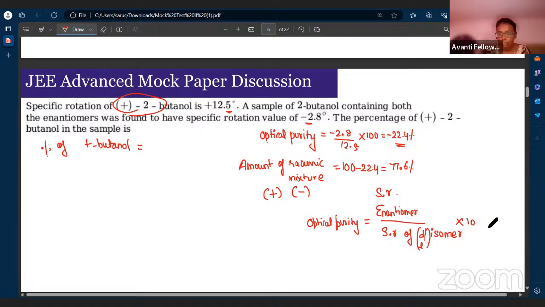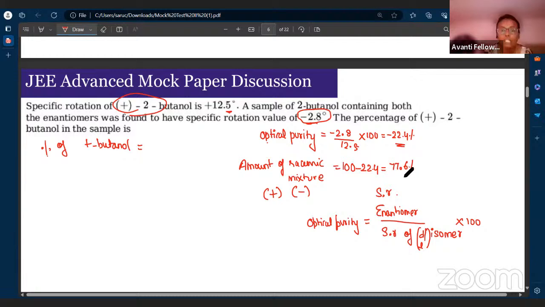That will give you the optical purity. For the mixture it was found to be minus 2.8, divided by 12.5 for the plus isomer alone, into 100. Got it, Ankush now? Yes.